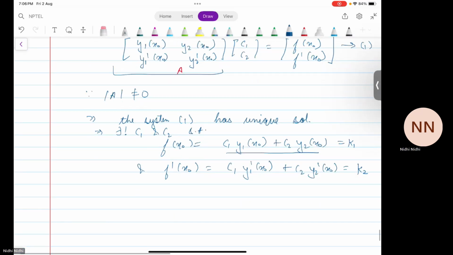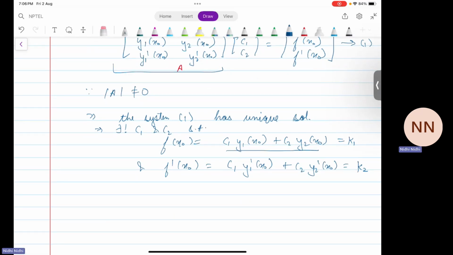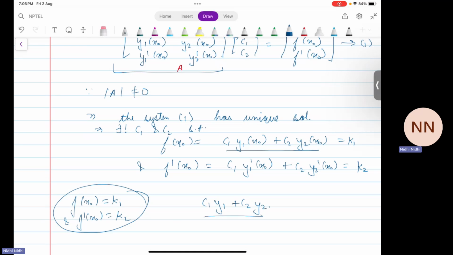Now what do we have? The uniqueness theorem. The uniqueness theorem says that there exists a unique solution. That means f is one and only one solution such that f x naught is equal to k1 and f dash x naught is equal to k2. But we know that if y1 and y2 are solutions, then c1 y1 plus c2 y2 is also a solution.